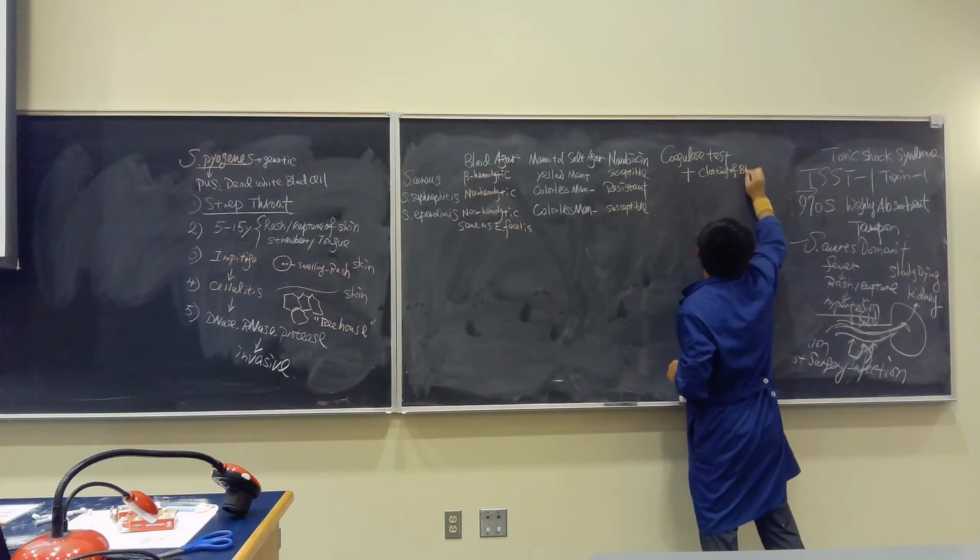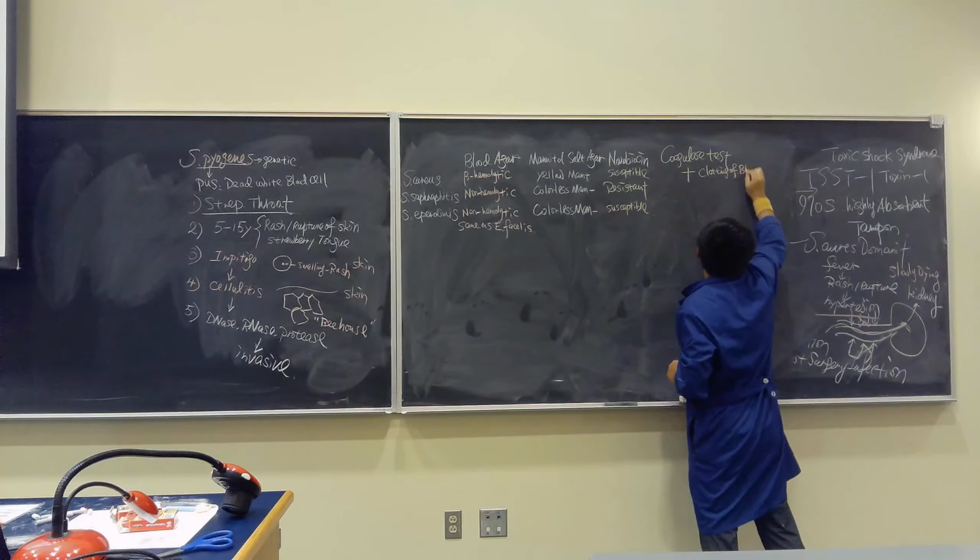Optochin. That is the P-disc. Viridans streptococcus, resistant. Streptococcus pneumoniae, susceptible. That's alpha hemolytic.